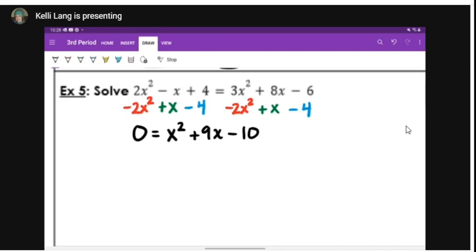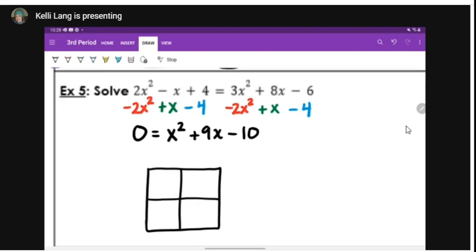And this is just a regular old factoring problem. We don't have to worry about adding in any missing terms. We don't have like a missing b or a missing c, which is nice. Let's fill in our generic rectangle as much as we can, and then we'll start making a list of numbers that multiply together to give us negative 10.